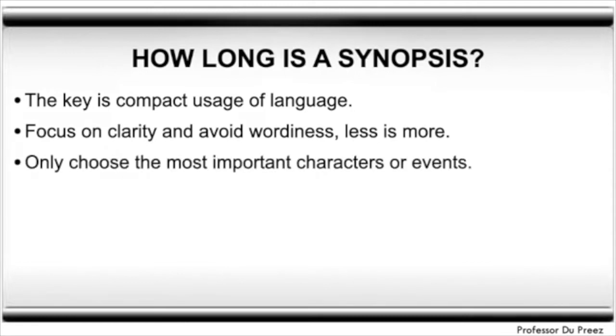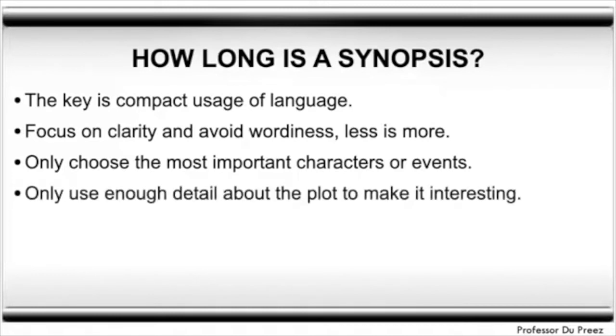While there is no universal standard for the length of an animation synopsis, here are some tips on what to avoid when writing a synopsis. Don't mention too many characters or events.